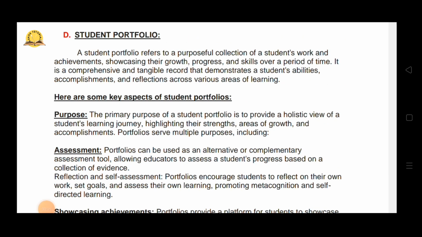Well, now let us study another method of child study, that is the student portfolio. Friends, personally I practice this one. I was taught how to make a portfolio of the student, how to use it, how to analyze it, how to make the format, and how to use it in order to understand your learners well.